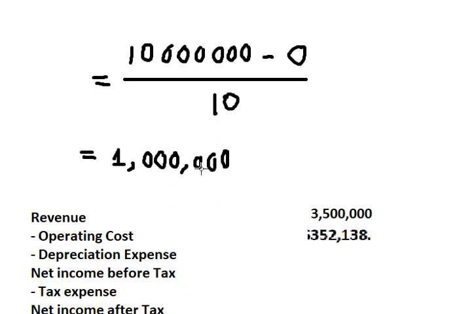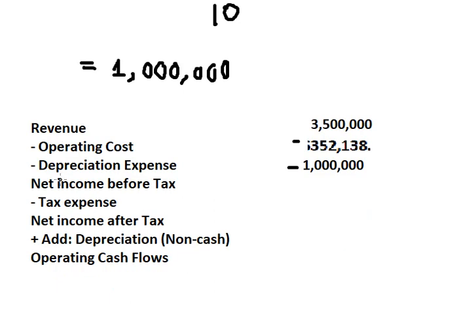Depreciation expense, that is about 1 million. So we need to minus two values here. So we have net income before tax, 2,147,862.